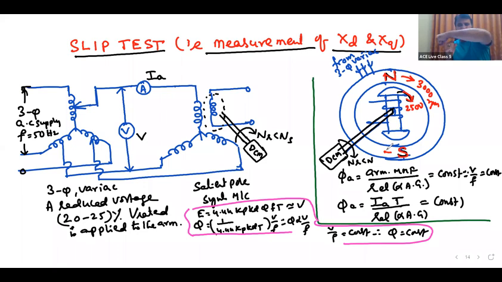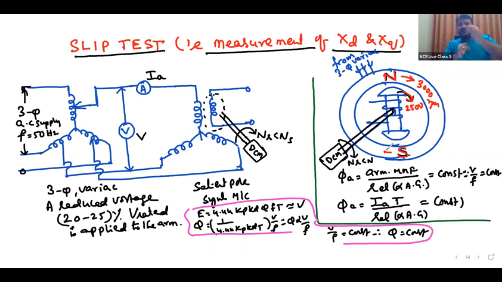Right now 0 degrees. After some time 10 degrees, 20 degrees, 30 degrees, and at 90 degrees the armature poles are aligned with the quadrature axis. Another 90 degrees, 180 degrees, the poles are aligned with the direct axis. Another 90 degrees, quadrature axis, another 90 degrees, direct axis.